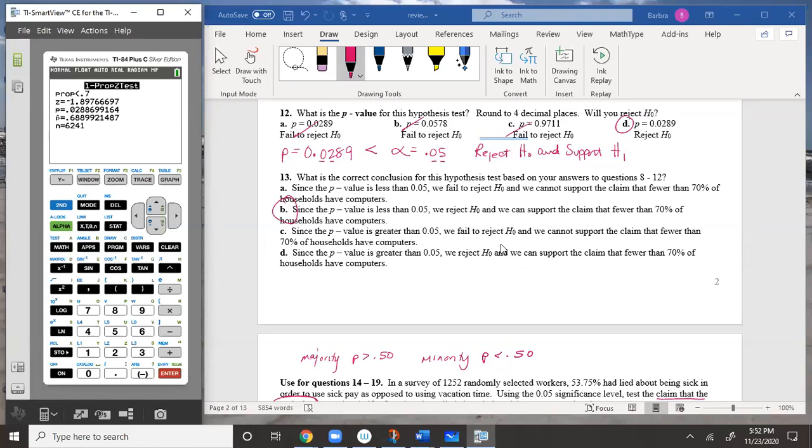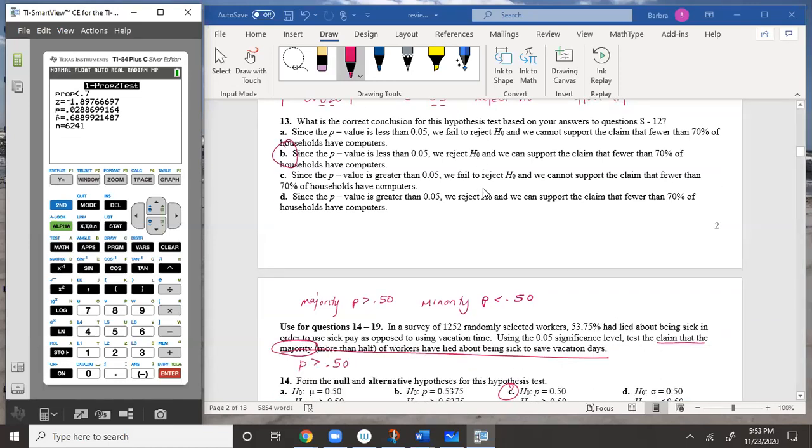All right, so any questions, everybody? Okay, so that was one set for a hypothesis test.